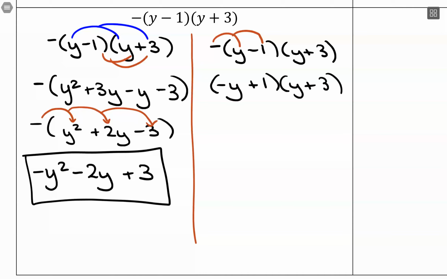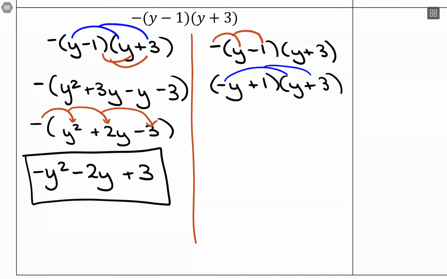What we can't do, and what's a common mistake with students, is that then they distribute to the next one as well, but then that's creating two factors of negative 1. It's like we could factor out a negative 1 from that first set and from the second set, which would just turn it into a positive 1, which is not what we have. So the key there is if you have a negative or a number out front, if you want to distribute that in first, choose one set of parentheses.